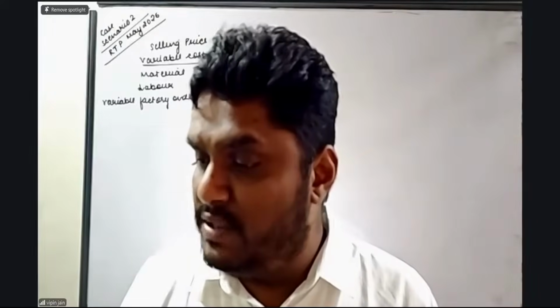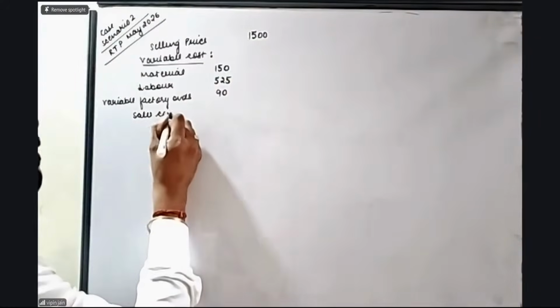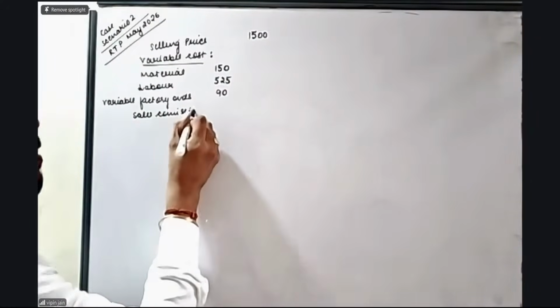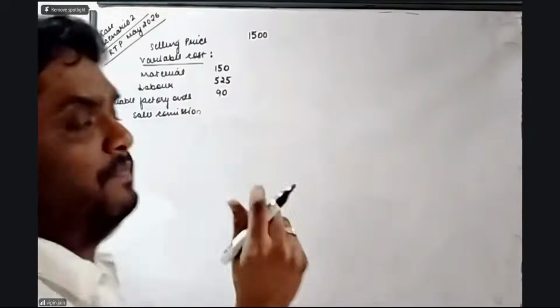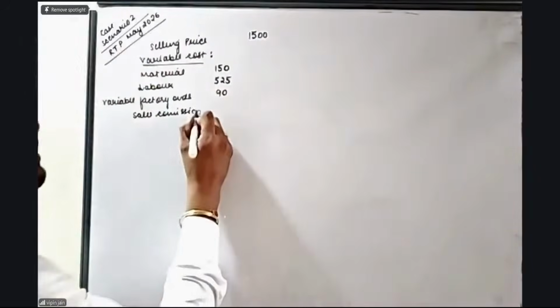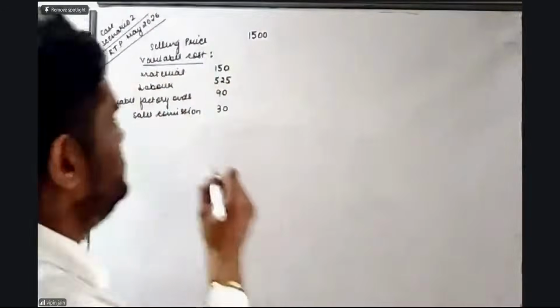Now see, sales commission is 2% of the sales. So 1500 into 2%. So this will be 30 rupees as the sales commission. Further, there is one more variable cost, that is delivery cost is the variable cost.